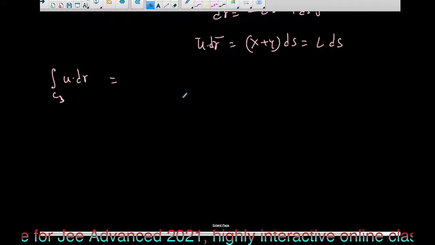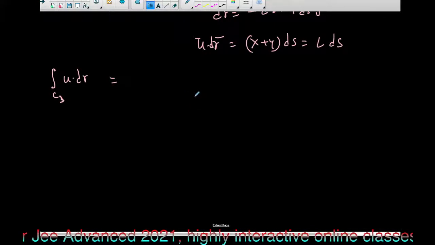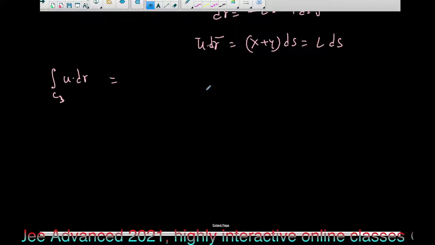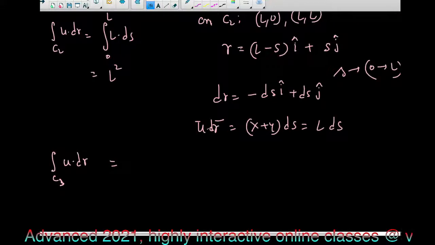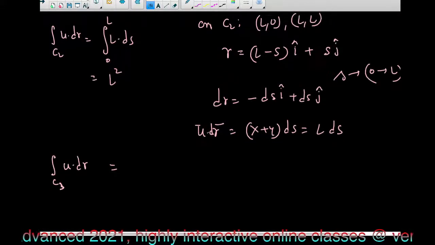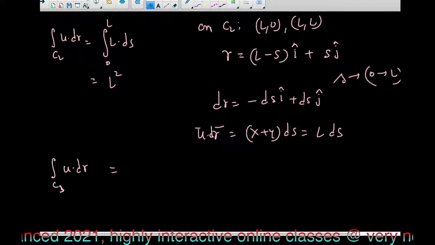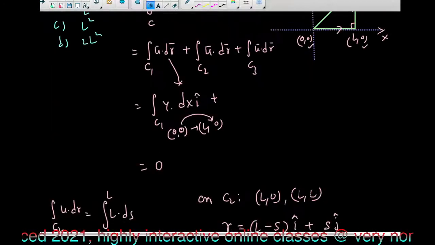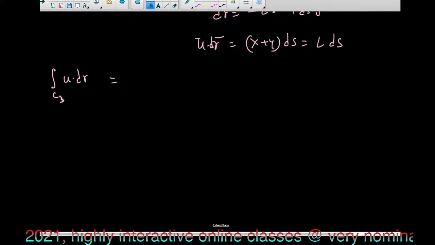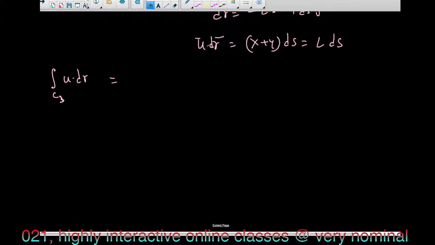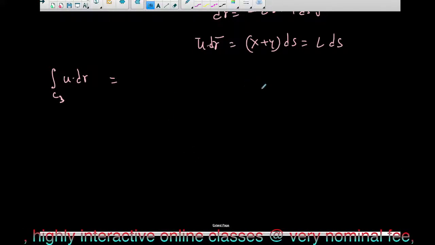Directly, can't you go for the C3 curve? For the C3 curve, it goes from L comma L to 0 comma L to 0 comma 0. Finally, we find dr in terms of the dr component.